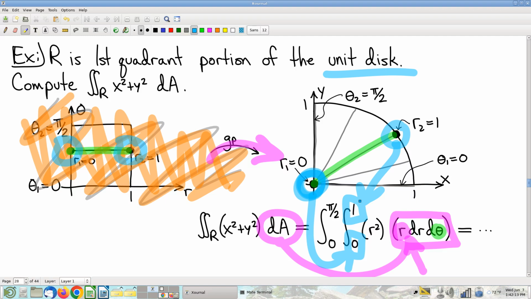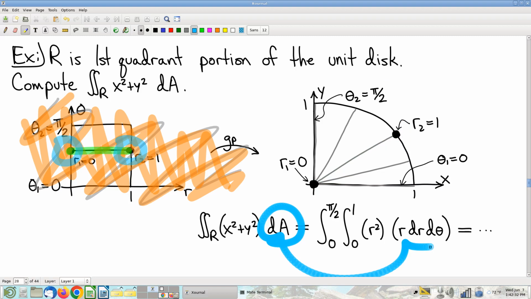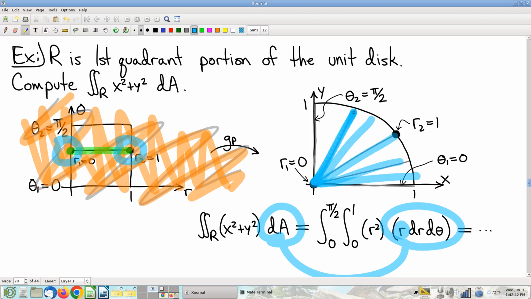But yeah, I don't. That's geometrically, artistically inconvenient, right? And so what we're going to do instead, and this is how business is done, by the way, if you're going to do an integral using polar coordinates as the change of variables function, we just have to make sure to remember to insert R as a stretching factor, and then just slice theta slices and R slices the way they look in the XY plane.